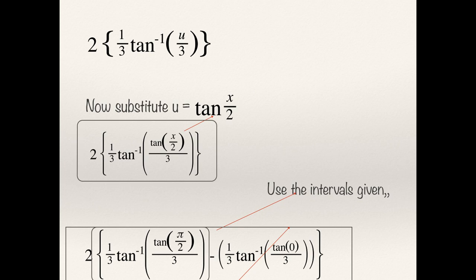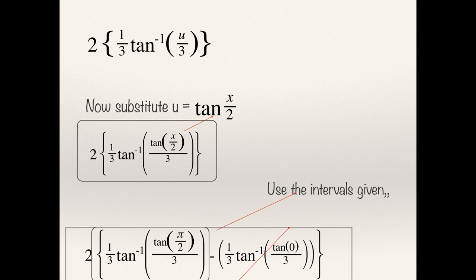You'll see two arrows there, so don't be confused, that is cancellation. So tan 0 by 3 is cancelled, it doesn't have any value. Let's go for 2 times 1 by 3 tan inverse of tan pi by 2 by 3.